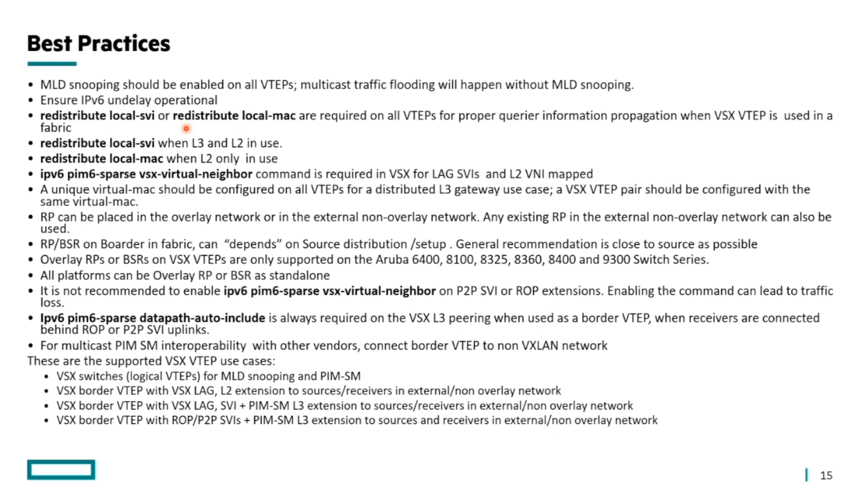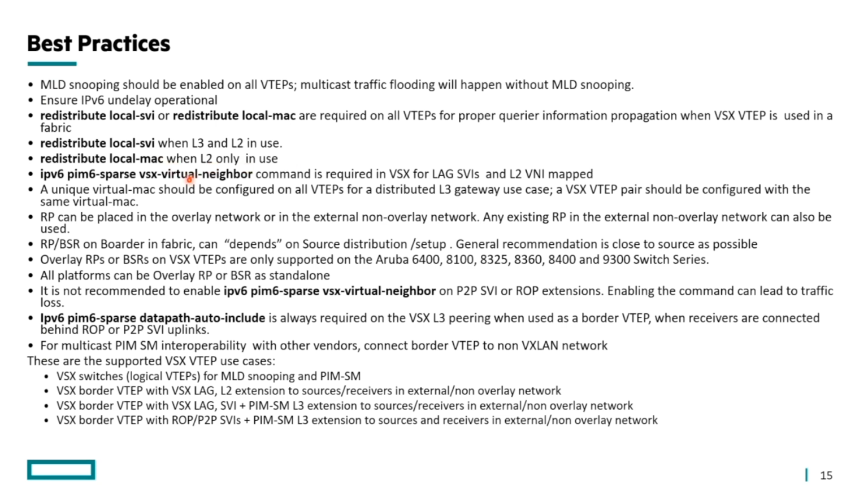Something I didn't really mention about the local SVI and the local MAC redistribute for the VSX, for the system MAC awareness, is when do you use local SVI and when do you use local MAC. So you use local SVI when you've got both L3 and L2 in use, i.e. when you're using an L3 VNI. And then if you're only doing a stretch of L2, so you've got a single VLAN stretching across your fabric between different VTEPs, then you can just use the redistribute local MAC.